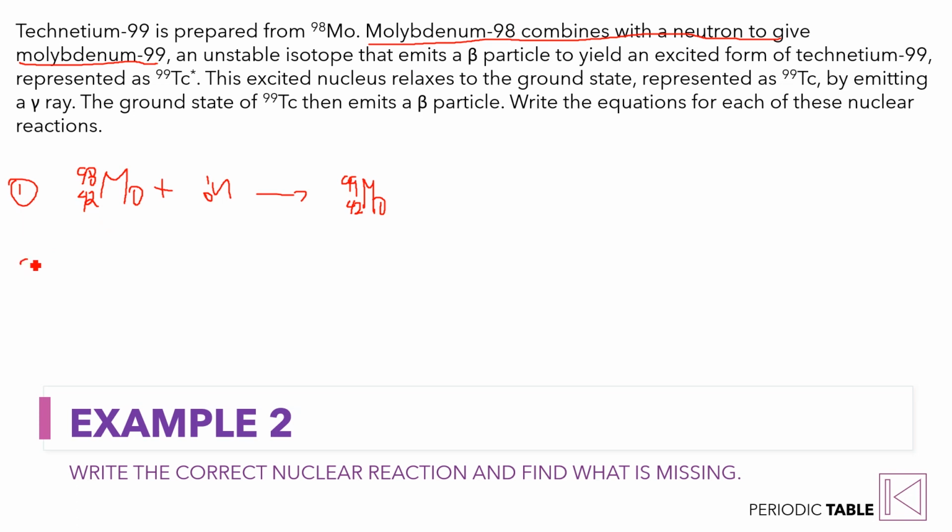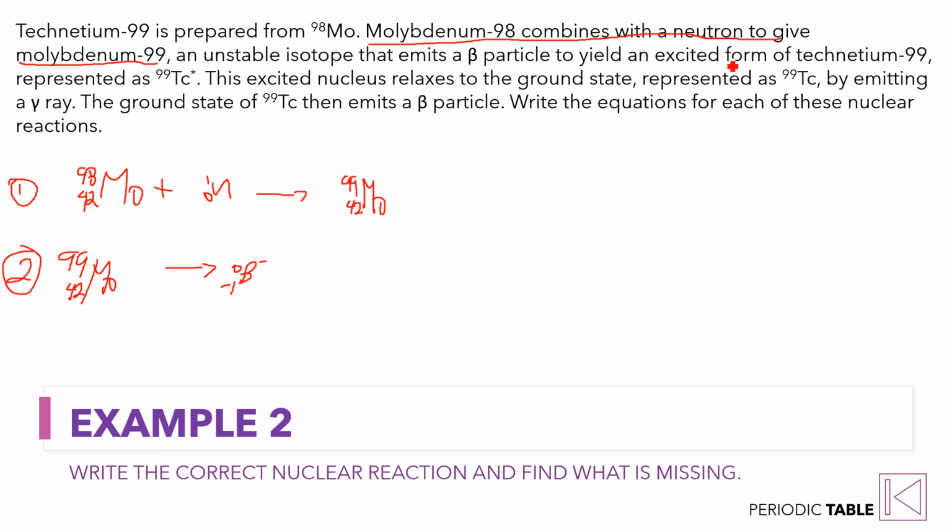So, number 2. The second is this molybdenum 99 daw. Nag-e-emit siya ng beta particle. So, hindi siya present doon sa parent. Nag-e-emit, so, nandun siya sa daughter. So, beta. Diba charge na? -1, 0, diba?